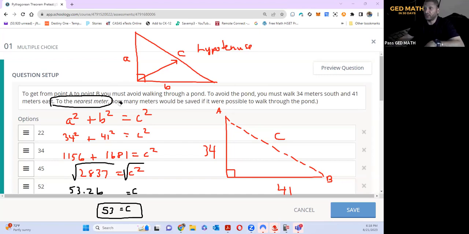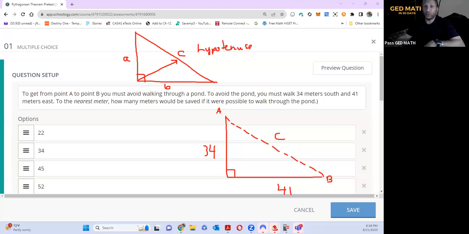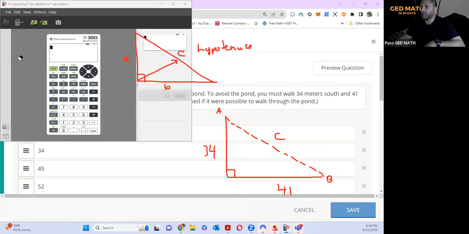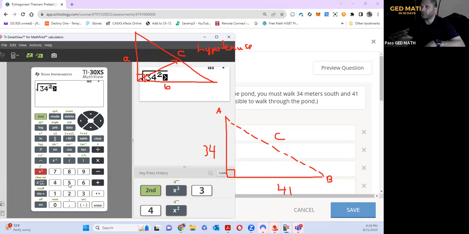What I would tell you to do, if you have the ebook, is this. We know A, B, and C. Since we don't know the hypotenuse, we add those together. Watch how quickly we can do it. Square root of 34 squared plus 41 squared.